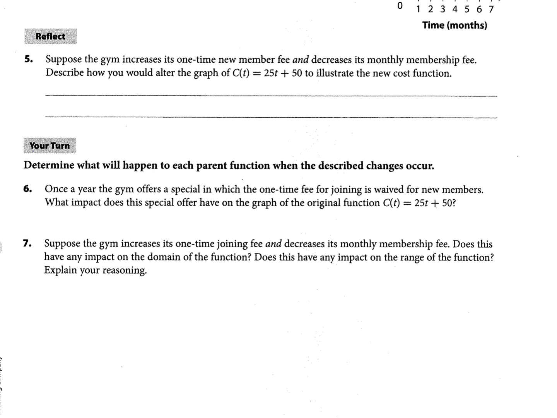Number 5. Suppose the gym increases its one-time new member fee and decreases its monthly membership fee. Describe how you would alter the graph to illustrate the new cost function. So if they increase the one-time member fee, we would increase the b value, also known as the y-intercept, and they decreased its monthly membership fee.